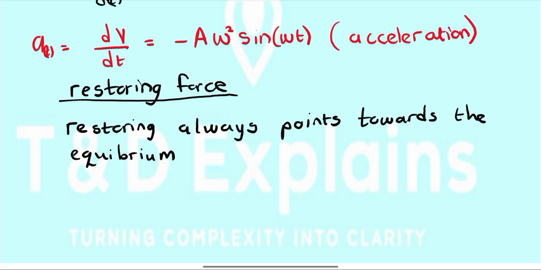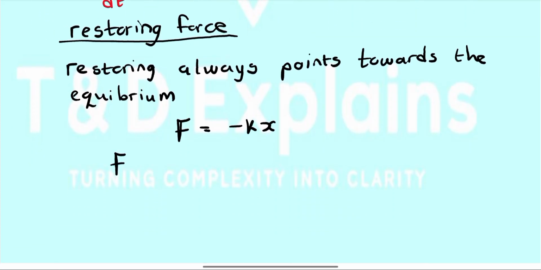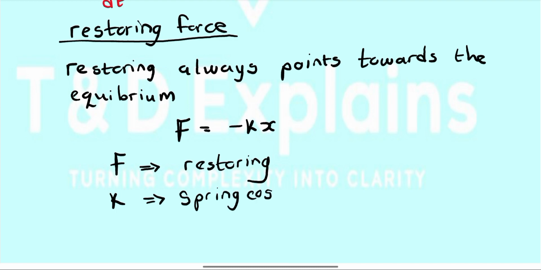Its relationship is given by F equals negative k x, in which F is the restoring force, k is the spring constant, and x is the position of an object.